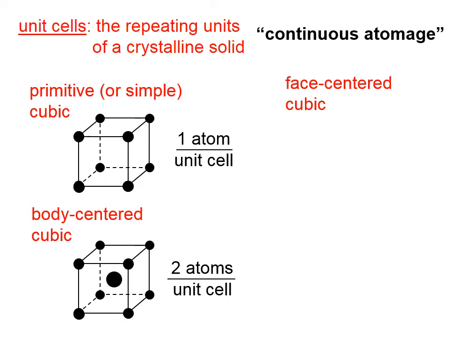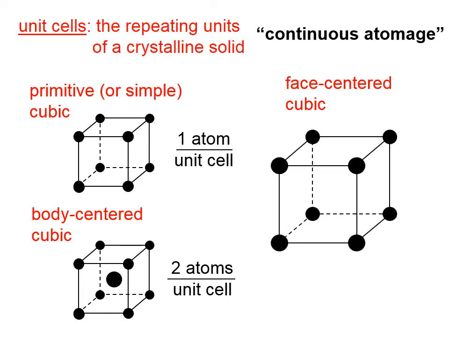The third kind is a face-centered cubic, and I've drawn that a little bit bigger because it's a little bit tougher to draw. There's more going on in a face-centered cubic. In a face-centered cubic, there is an atom in the center of each of these 6 faces of this box that I've drawn.